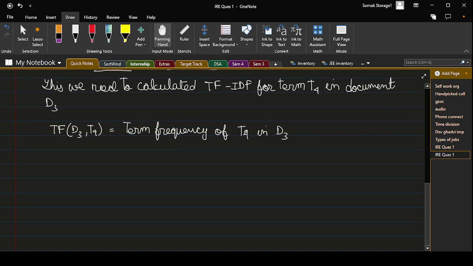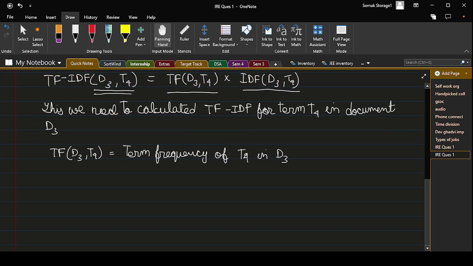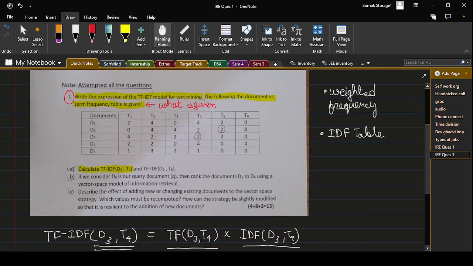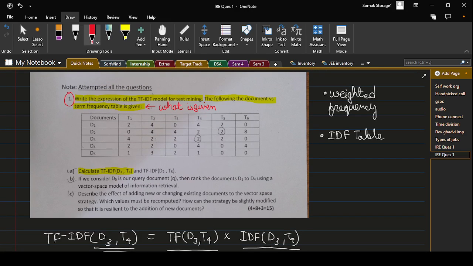Now you might say this is already given, I think, that the frequency of term T4 in D3 is 2, right?